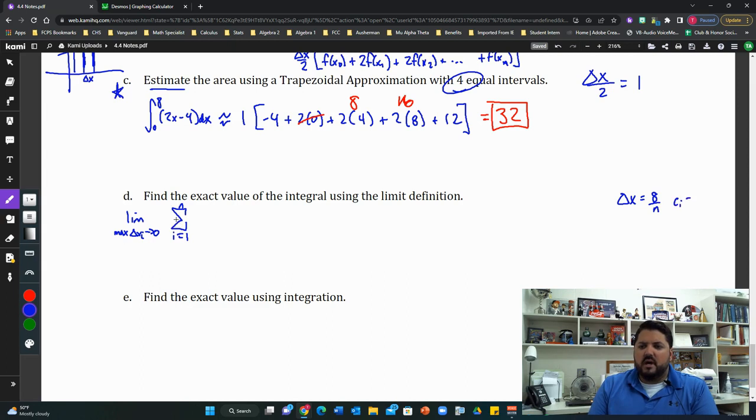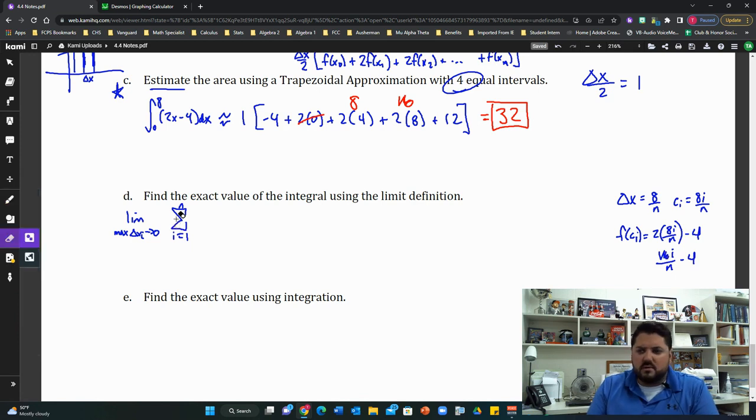So then our c sub i is a, which is 0, plus delta x times i. So that would be 8i over n. Then our heights are this guy substituted into the function 2x minus 4. So I would have 2 times 8i over n minus 4. Or if I clean that up, we would have 16i over n minus 4. So that is the formula that we are going to substitute in here.